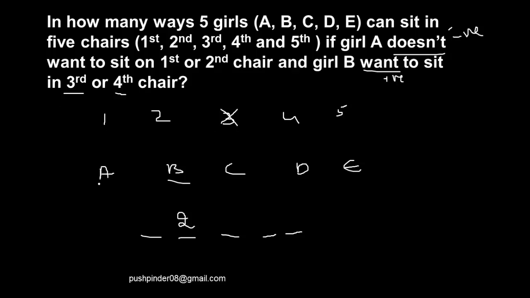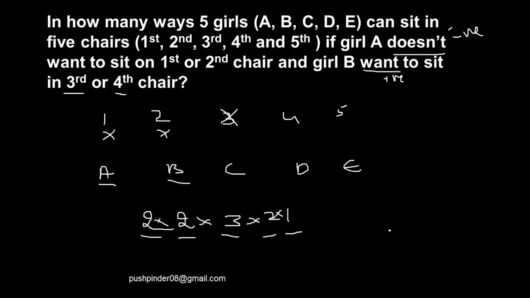Third chair has already been taken by girl B. That means there are only two places left for girl A to sit, right? And now once again there are three chairs left and three girls left, which can be solved in 3 factorial ways. So this is our answer, right?